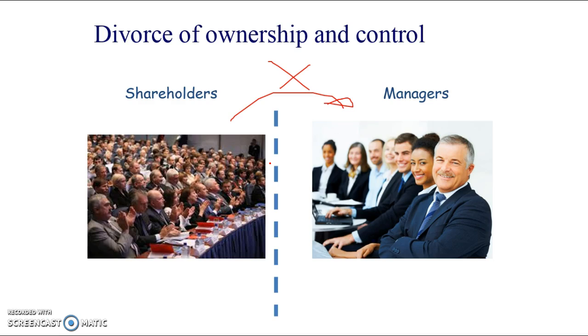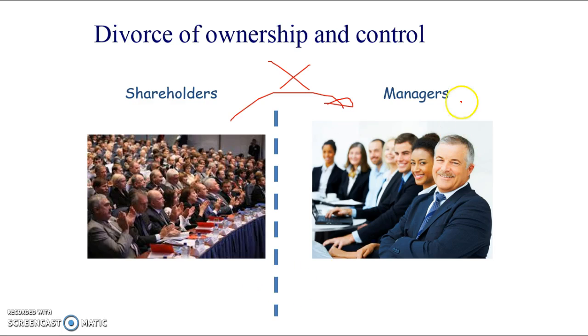Whereas with PLCs, you're more likely to get shareholders who are not running the business and making the strategic decisions. They just own a share. They might not even vote at the AGM, which is the annual general meeting of the business.